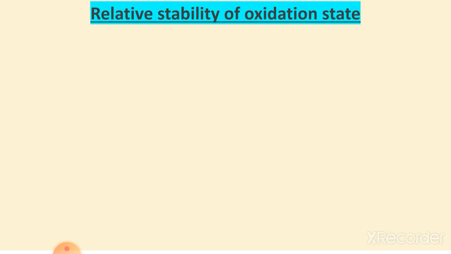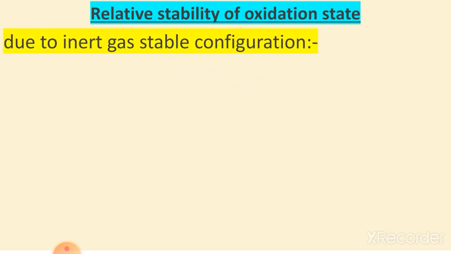Now students, next, relative stability of oxidation state. This is also very important from the examination point of view. Due to noble gas configuration, first of all, one question may arise: scandium 2+ and scandium 3+, which are more stable? Scandium 3+ is more stable.